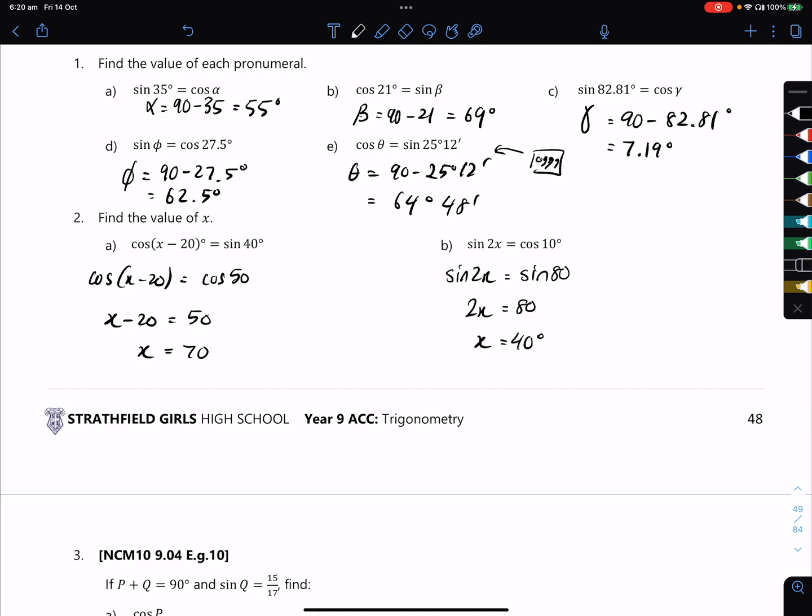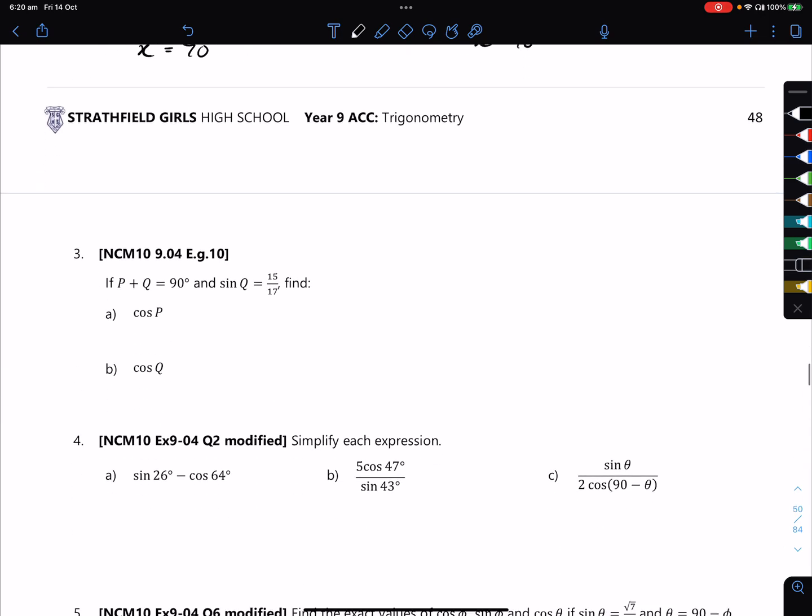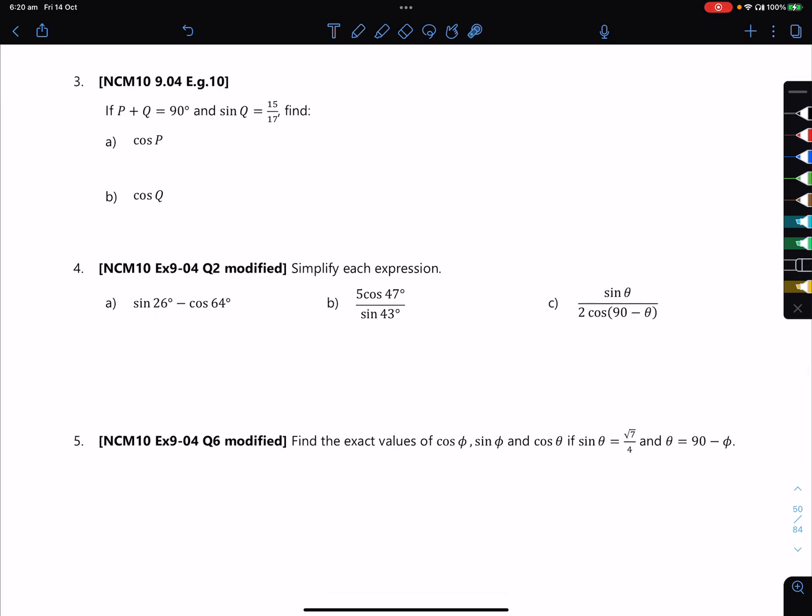Right, let's go into question 3. In question 3, it says that two angles P and Q add up to 90 degrees, and sine Q, which is opposite over hypotenuse, is equal to 15 over 17.